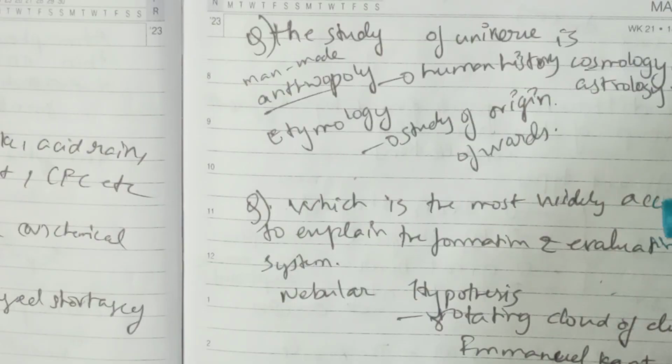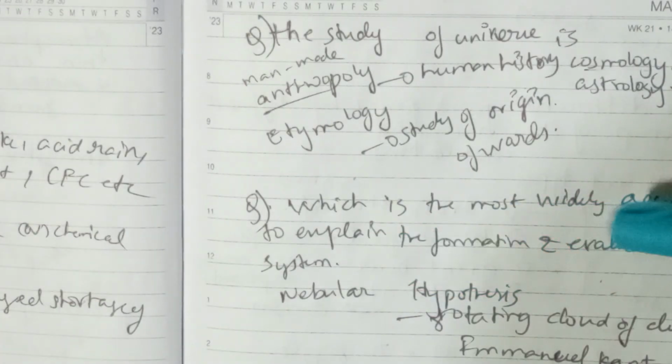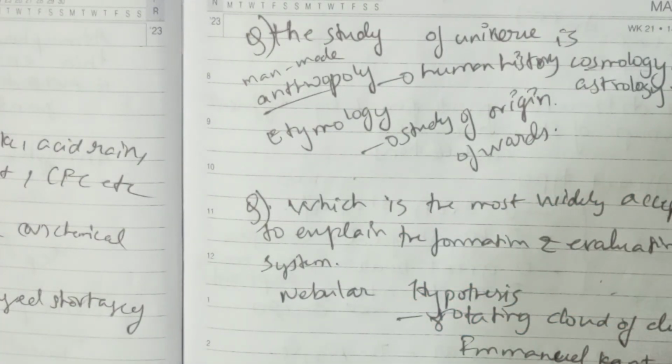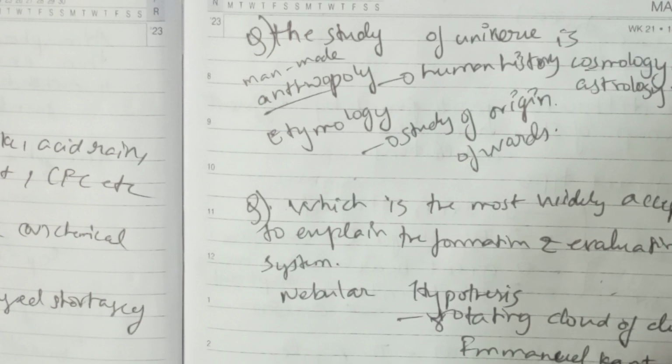Which is the most widely accepted model to explain the formation and evolution of the solar system? Nebular hypothesis: a rotating cloud of dust and gases, explained by Immanuel Kant in 1755 and revised by Laplace in 1796.